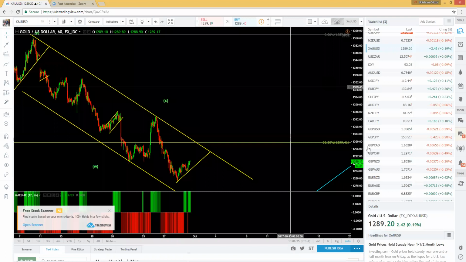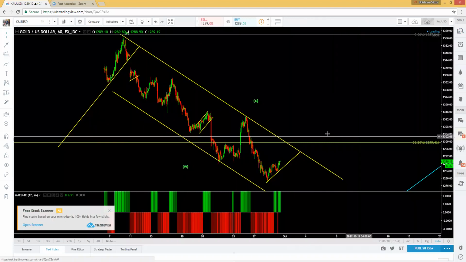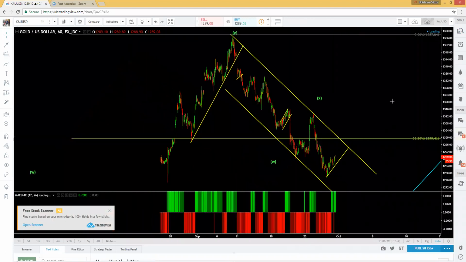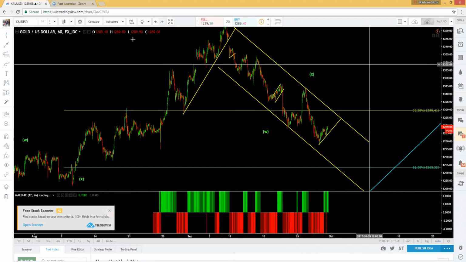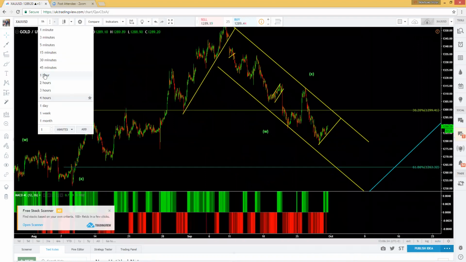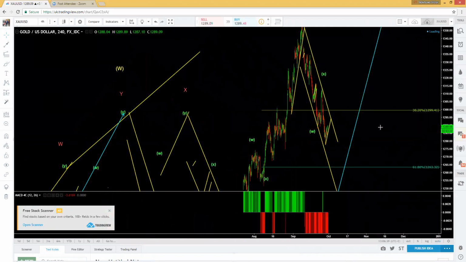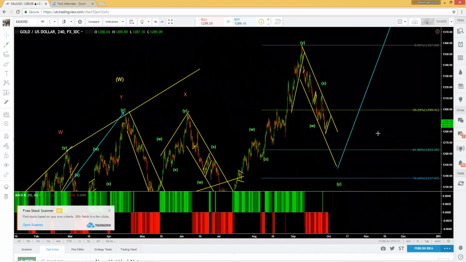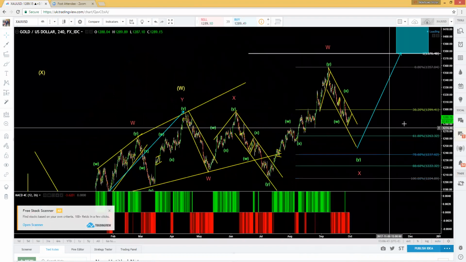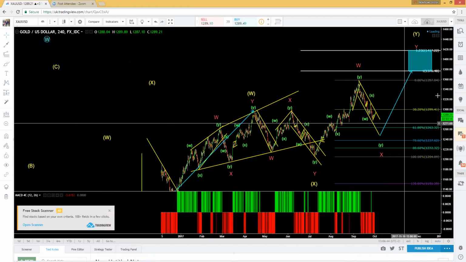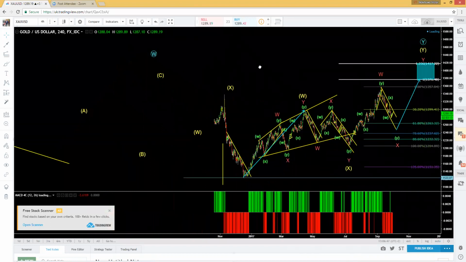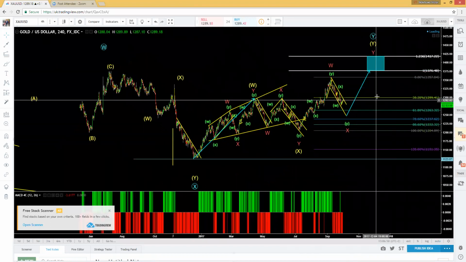Right, so gold, interesting. Okay, actually all pairs are interesting. Anyway, so let's go to the 4-hour chart. And I'll show you something that I've shown you ever since I started this webinar about 3 months ago. And this is one of the first pairs that I started analyzing. And this is the power of wave analysis.